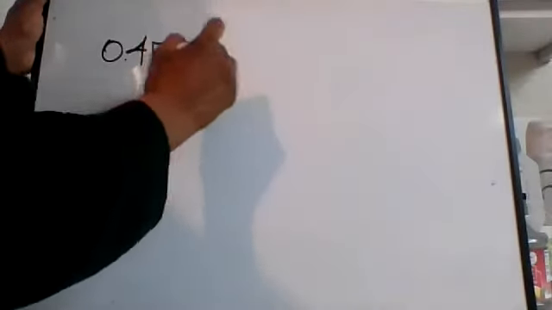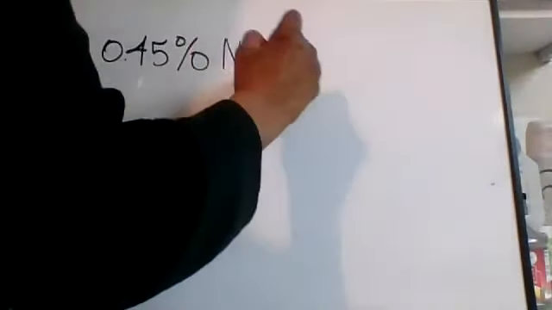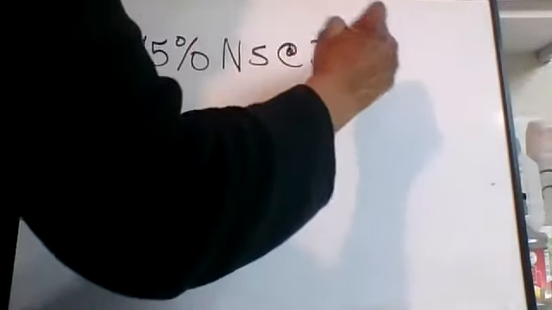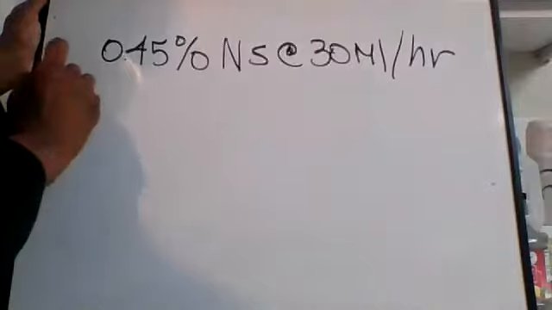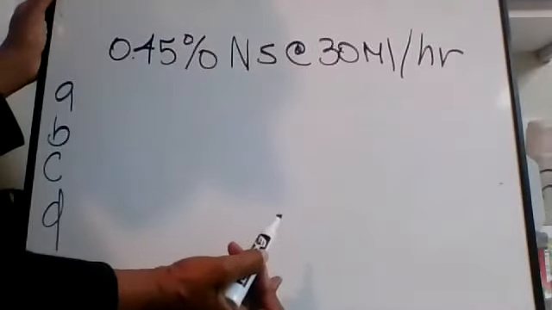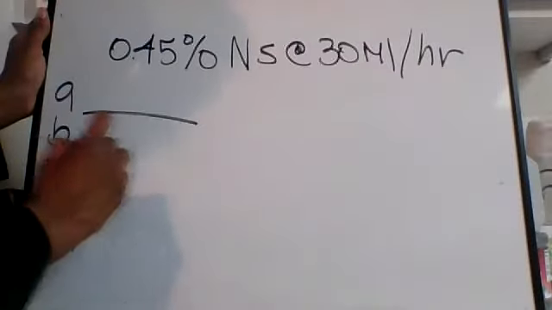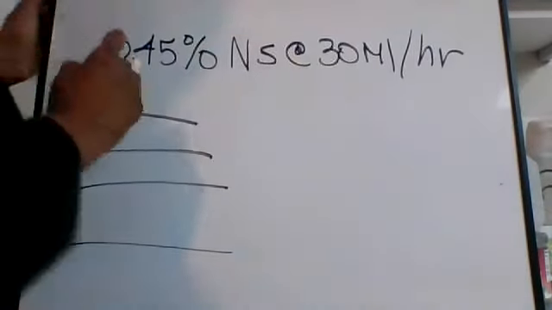So this one was 0.45% normal saline, just the IV fluid, at 30 milliliters per hour. We have A, B, C, and D. I think it is 10, 15, 20, 60.